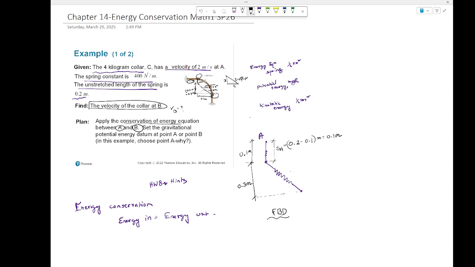Then you have this length here, which is 0.5. The way you found it is 0.3 squared plus 0.4 squared equals 0.5 squared, right? All right, so then this is your point B, and that's your free body diagram. And this length from here to here is 0.4 as well.